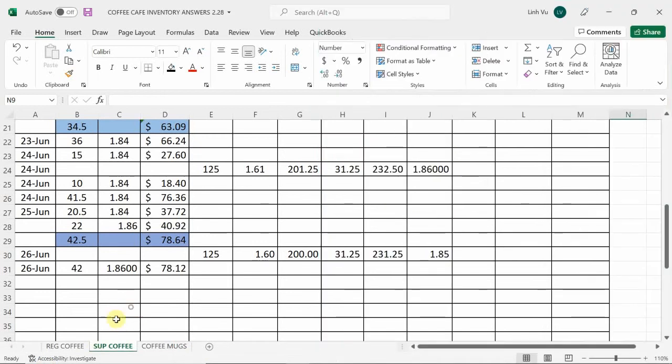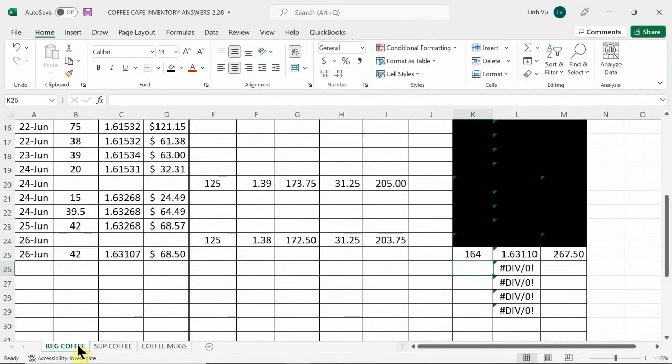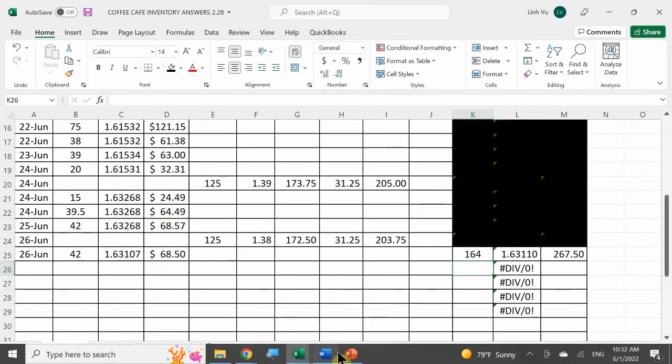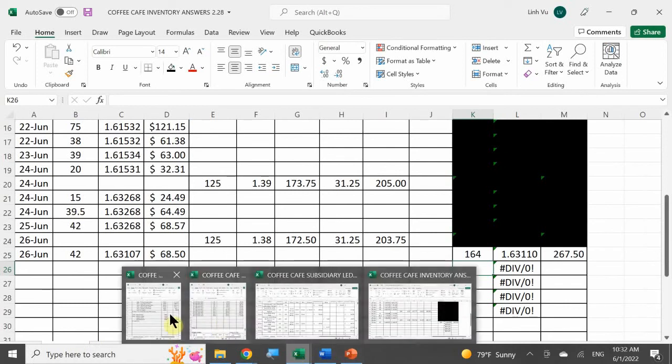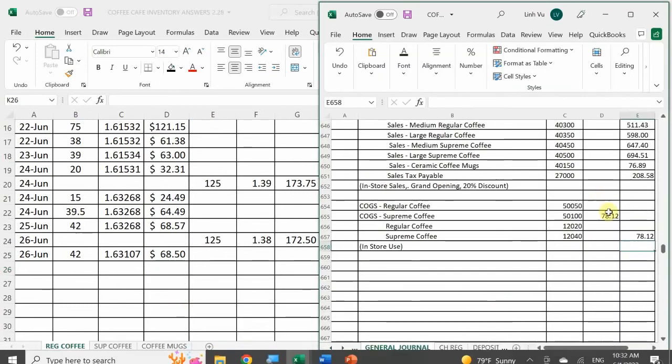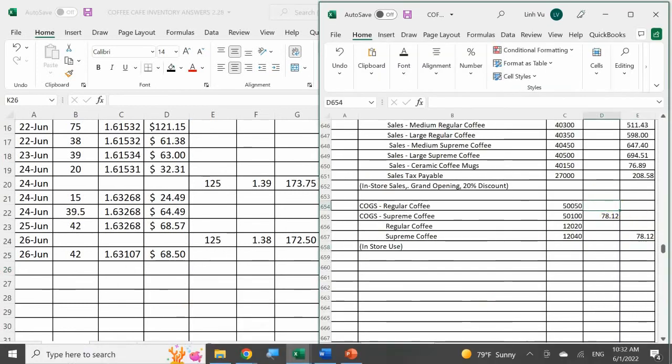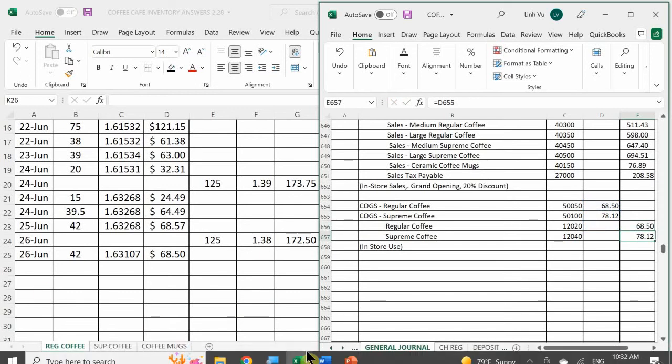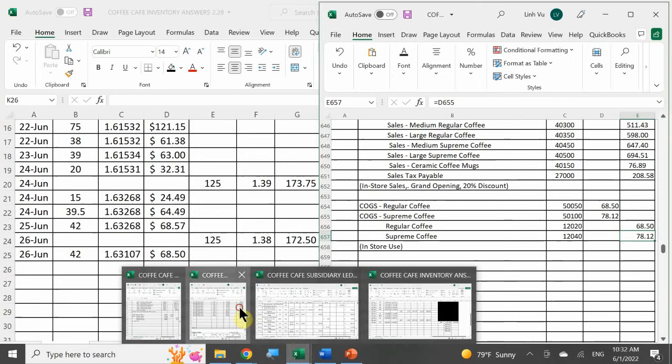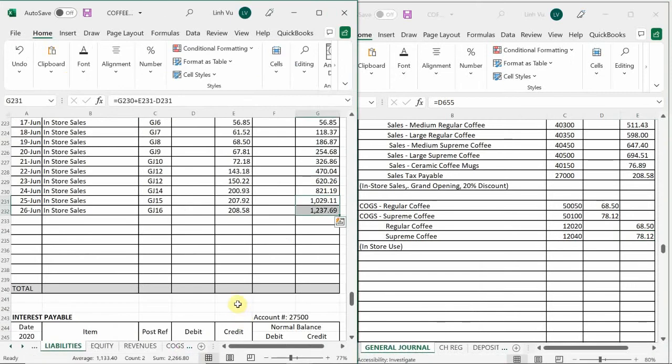And I have a total of $68.50 for my regular coffee. Right? And of course, I need to update my ledger because I need to update my inventory.